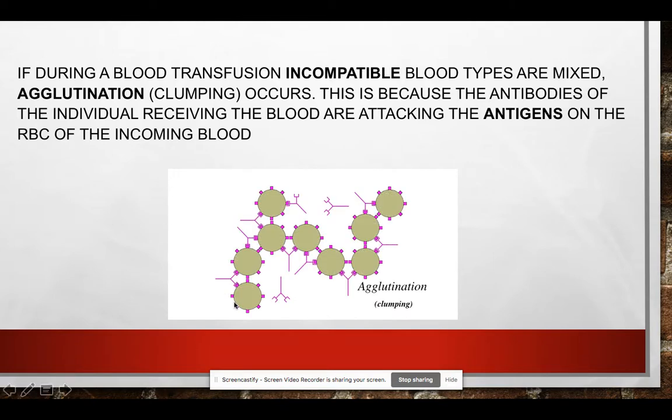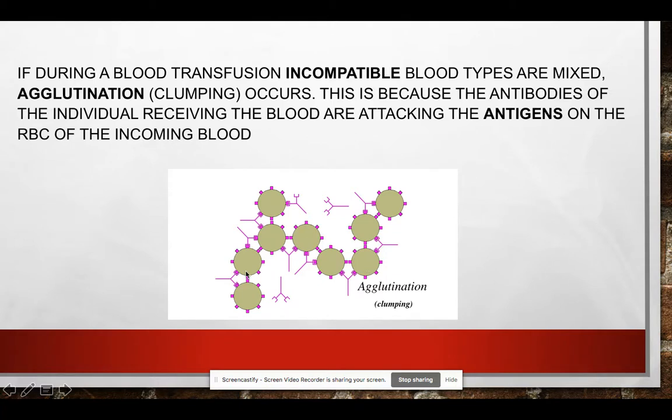So imagine these are all little red blood cells that have just been put into someone's bloodstream, and they are not a match. Your antibodies are going to notice that it is not a match. It's not matching the normal blood that you have. And so it goes and links on to those red blood cells and starts clumping them, or agglutinating them, together.